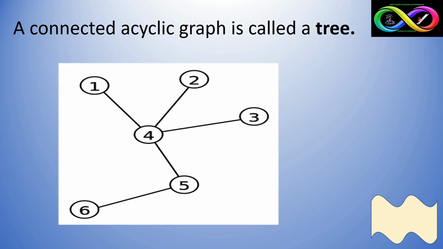They are not disconnected. Does it have a cycle? It doesn't have a cycle, right? So we can give this graph a special name, tree. That means it's connected, but it doesn't have a cycle. Therefore, a connected acyclic graph is called a tree.